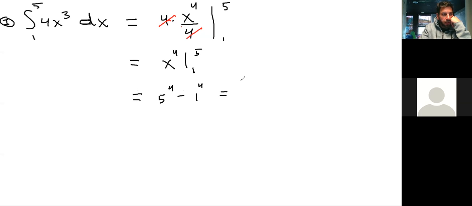Well, 5 to the 4th is 25 squared, and then 1 to the 4th is 1. So 25 squared is 625, and 625 minus 1 is 624. Does anybody have a question about this?